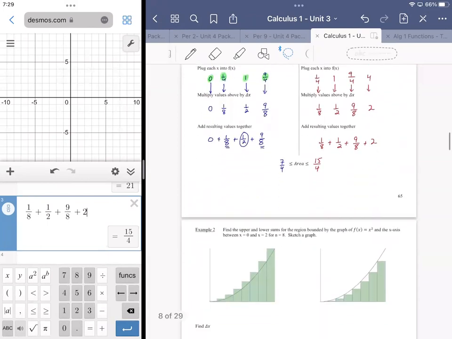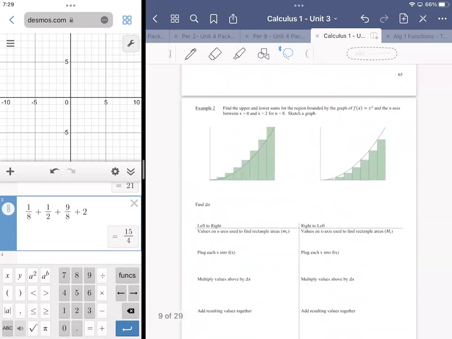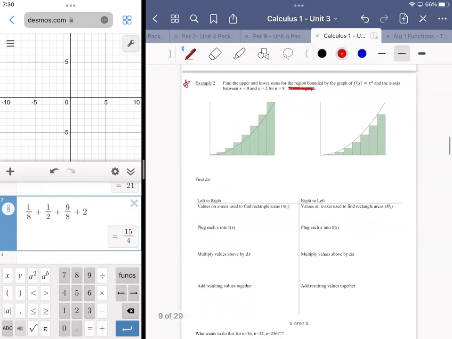So the next example, which we're not going to do now, I'll put a star on it so you can have a look at it. I will also point out there's another typo there: sketched graph shouldn't be there. You can see it's the same general structure, except now I have a number of subintervals n equals 8. So it's really the same process, except now we're going to have 8 rectangles.